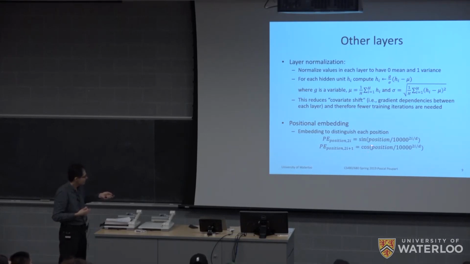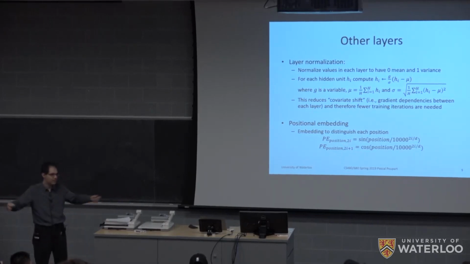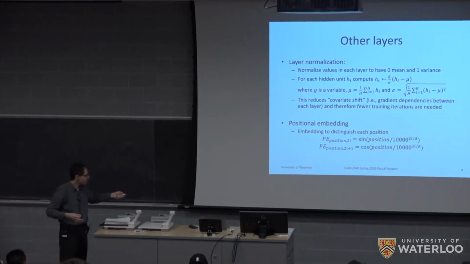The idea is that we have a position, which is an integer, and then we embed it into a vector. So it's a vector with multiple entries, and each entry is going to be computed according to the sine of the position divided by 10,000 to the 2i divided by d, or the cosine of the position divided by 10,000 to the 2i divided by d.